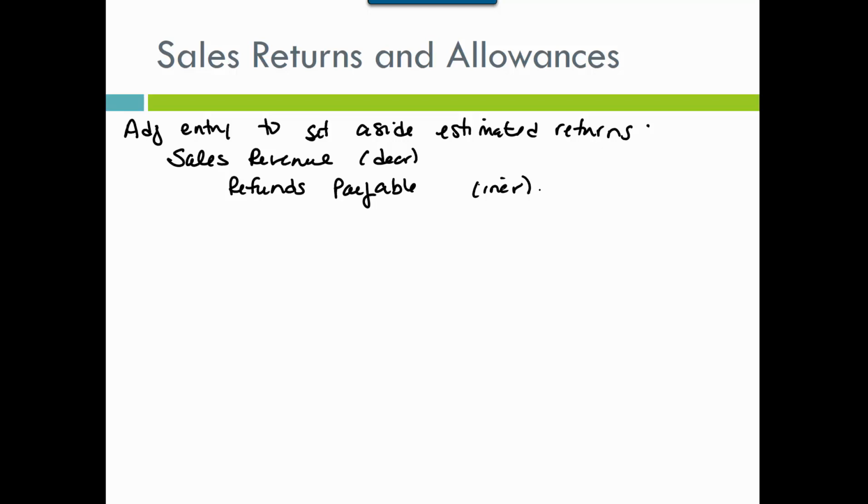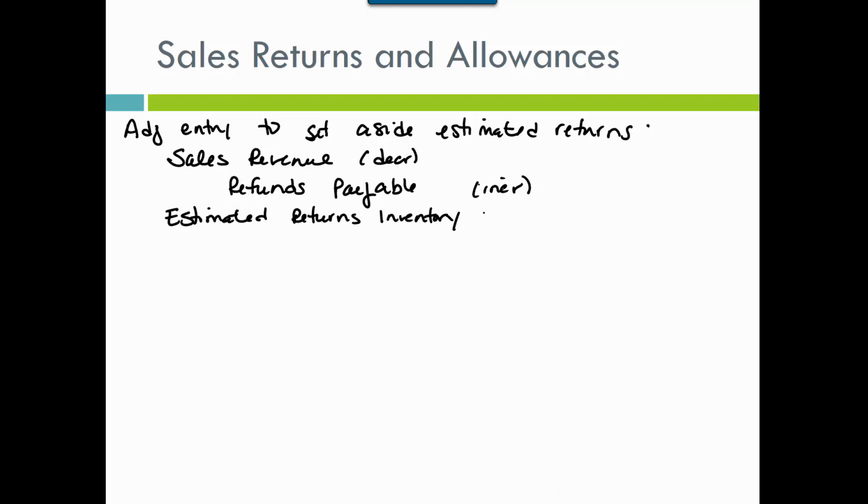But then I also know that some of that inventory is going to come back in. You know, again, 7% of that inventory that I sold is going to come back in. I just don't know which ones they are yet. So again, I set this aside. I have an account called Estimated Returns Inventory, which is an asset.